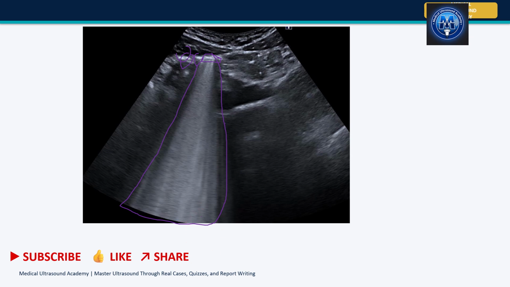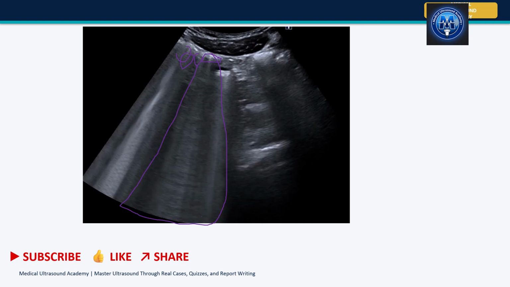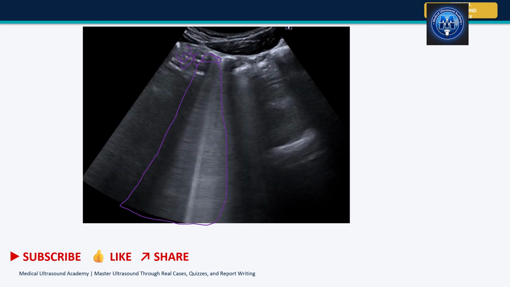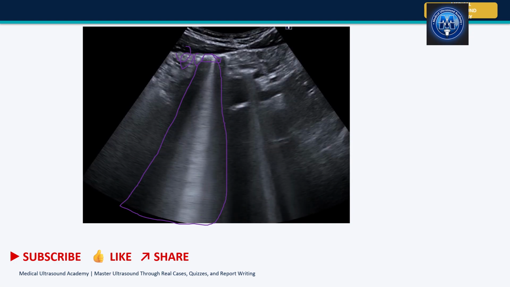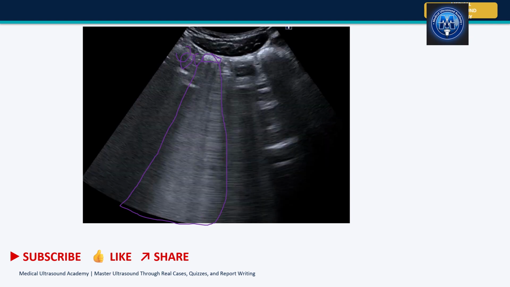In as much as we don't like artifacts, and they have their own challenges, at times they also help us to understand anatomy, to differentiate normal from abnormal anatomy. So you can see that there is a problem there, because we don't see gas as such, but you can see the white structures in there, the artifact that it causes, the shadow that it is casting down there.